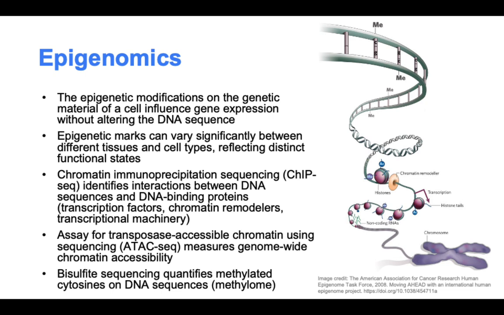One of the most common ways of measuring the interactions between those regulatory proteins and the DNA sequences themselves is the chromatin immunoprecipitation sequencing method, ChIP-seq, which couples the precipitation of the chromatin, so DNA and protein, with next generation sequencing.